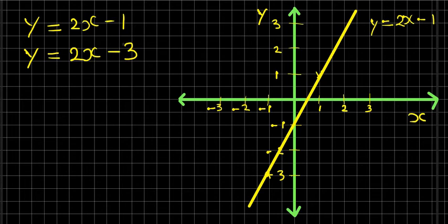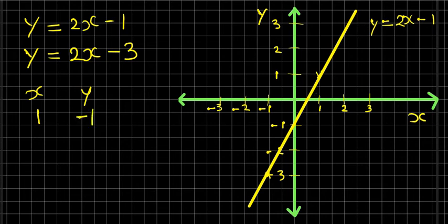Now let's draw the y equals 2x minus 3 graph. In this case, we know the intercept is already minus 3. We need to find another value for y. Let's say when x is 1, what is the value of y? 2 into 1 is 2, minus 3 is minus 1.